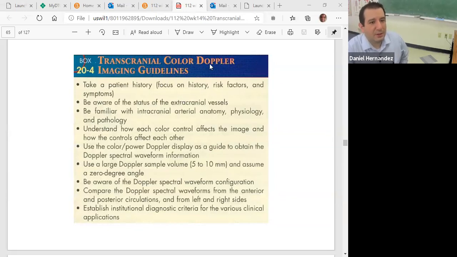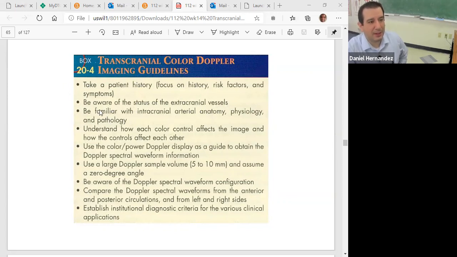So with transcranial color Doppler imaging guidelines, we want to take a patient history, focus on history, risk factors, and symptoms. We also want to be aware of the status of the extracranial vessels. So we want to know what their values are for the ICA and CCA.